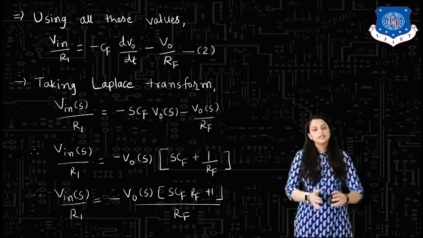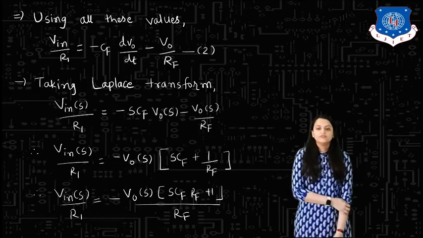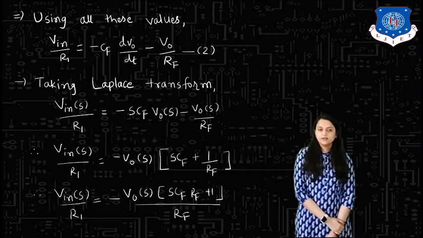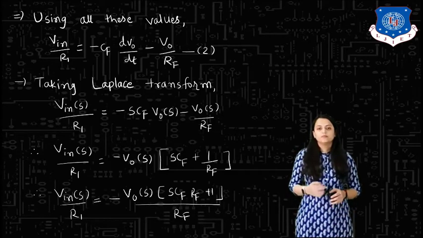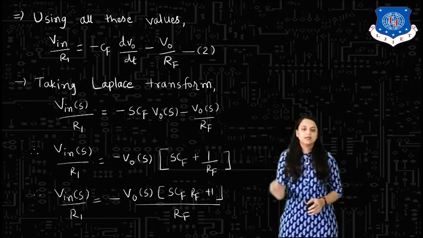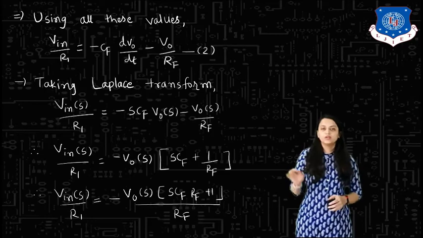Now we are taking the Laplace transform. We will have Vin(S) by R1 equals minus S Cf V(S) minus V(S) by Rf, because of the Laplace transform. S is here because in Laplace domain we have S domain.